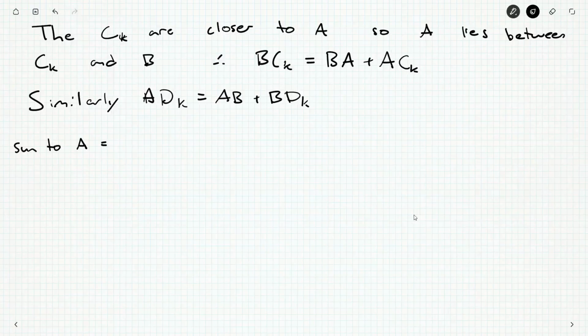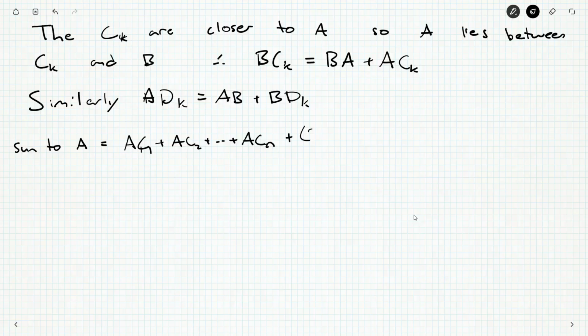So the sum to A is just all these AC1s. That's not going to change. Then plus all these, there's going to be extra ABs. So how many extra ABs? One for each point D, of which there may be none.